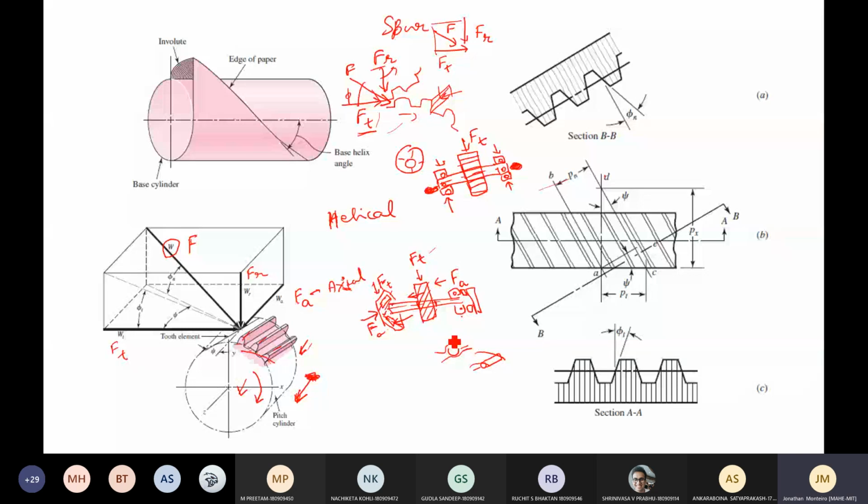They are cones. So you have two components to it: one is Fa and one is Ft. That is why tapered roller bearings are used in order to control the rotation or torque transmission in a helical gearing system. So this was about the complexities involved in designing a system with helical gears.